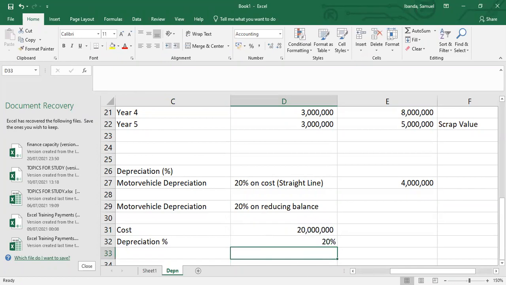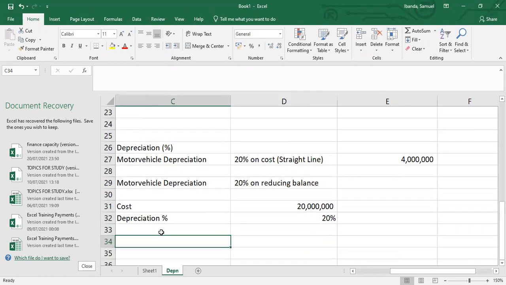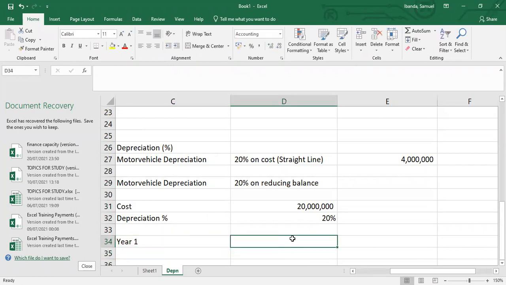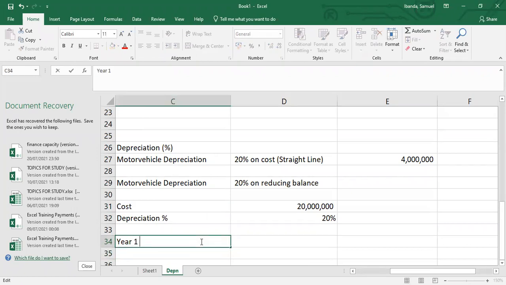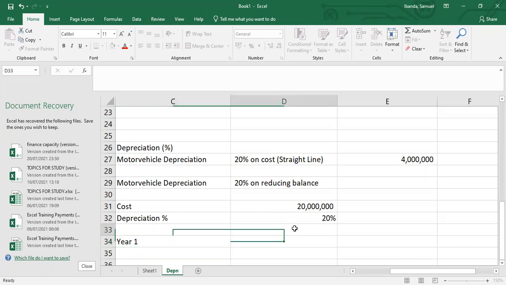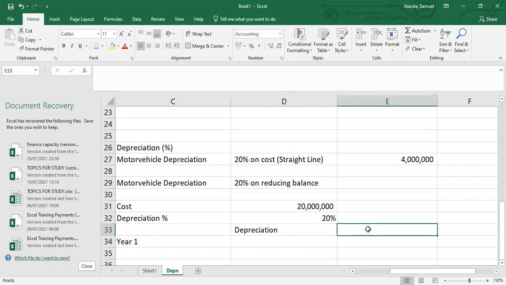Now, if it is year one, we just even include it here. This will be depreciation, and this will be net book value.